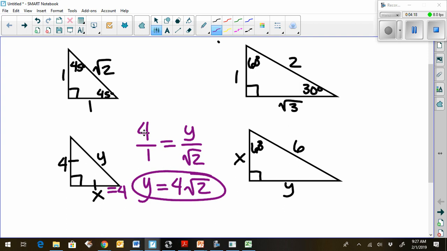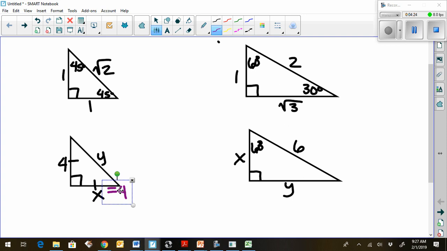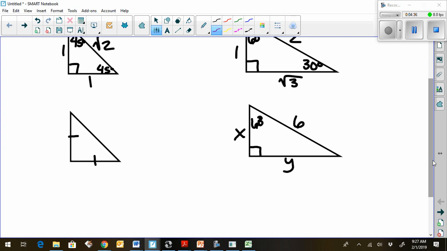Now, with a 45-45-90, we could also have a question that might be a little more challenging. So let's try one of those. If I have, instead of y here, let's say that this side length was 8, and I just want to solve for x.